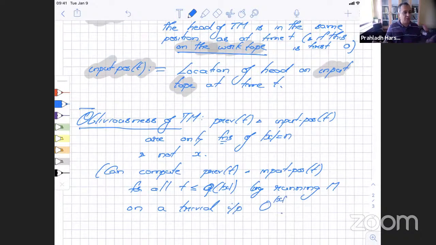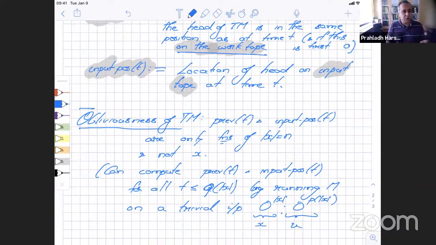You just make one run of the machine on this input, and record as it keeps going. You can record that input position 1 is this, input position 2 is this, input position 3 is this. You just record this whole information.